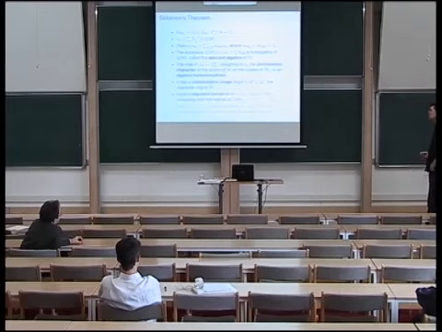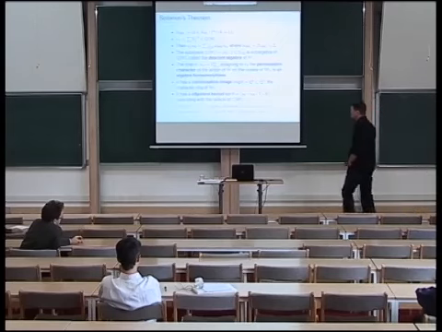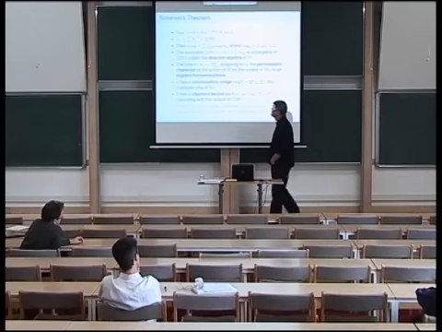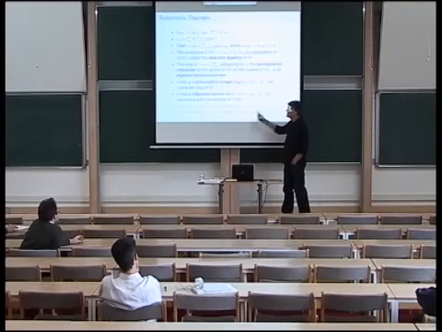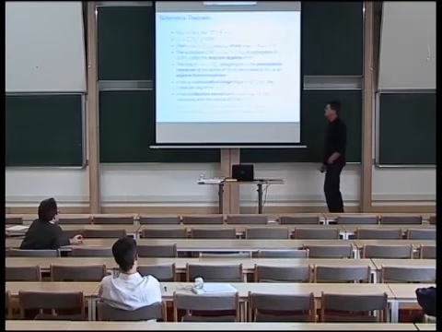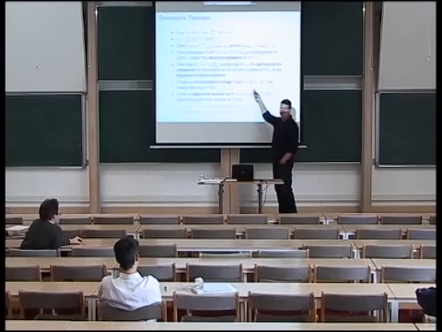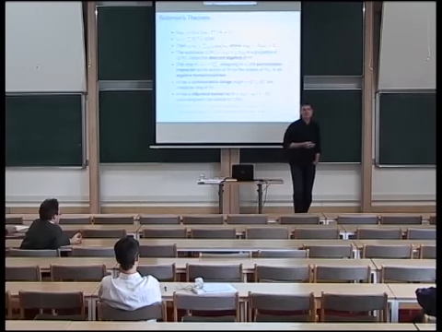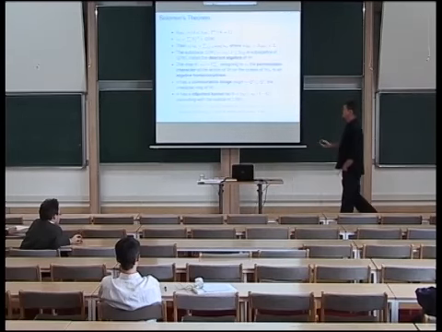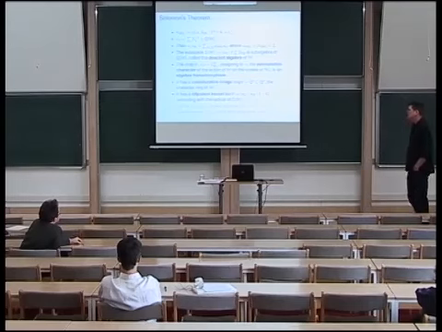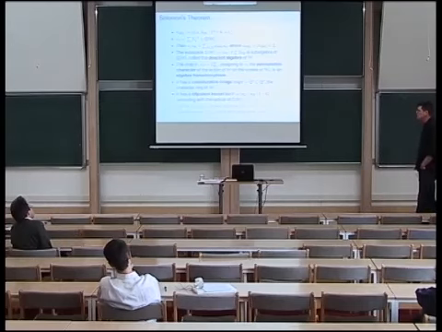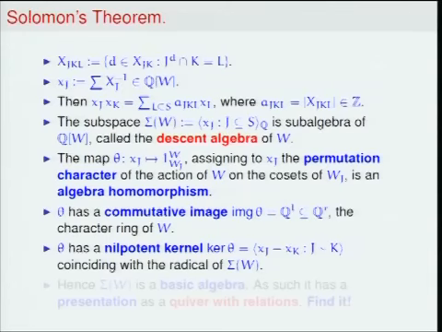Also, Solomon shows that the kernel of this map is generated by differences of x_J's and x_K's, where J and K are conjugates of each other under the conjugation action inside the group. This is nilpotent, and it coincides with the radical of the algebra.